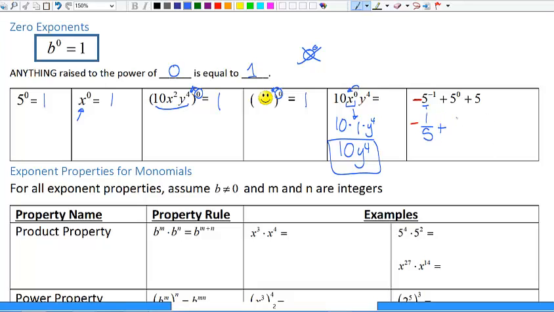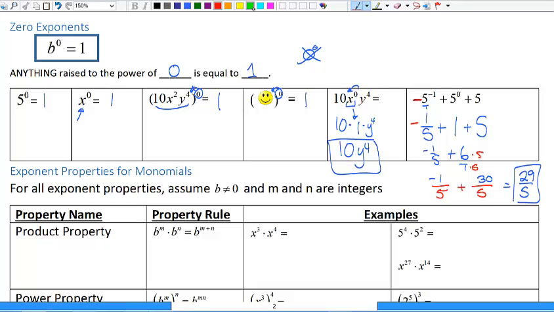Well, anything to the 0 is just positive 1, and then plus 5. So I have negative 1/5 plus 6, so I need to get a common denominator of 5. On the first one, I don't multiply by anything. On the second one, I'm multiplying by 5 over 5, which is 30, which gets me 29/5.